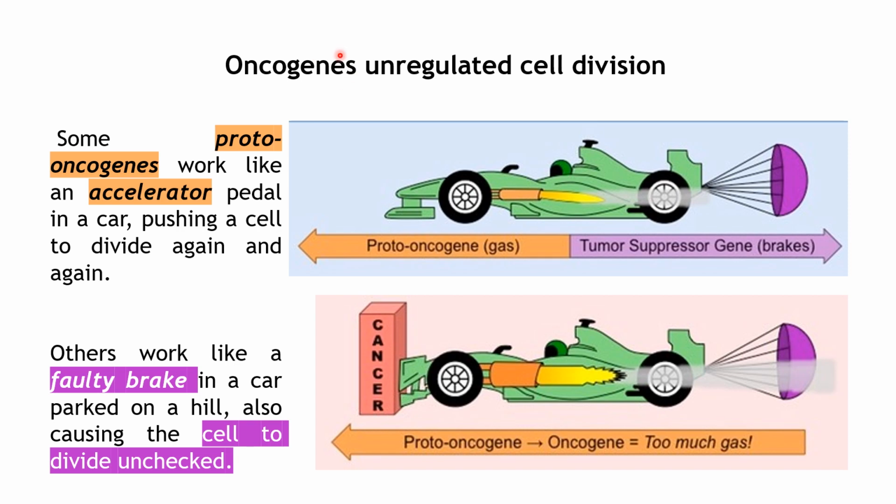Okay, so now we're going to talk about oncogenes that produce unregulated cell division, and I want you to see these two graphs. They try to make an analogy between a car and cell division.